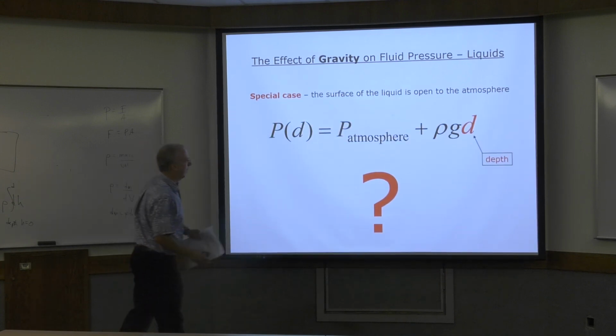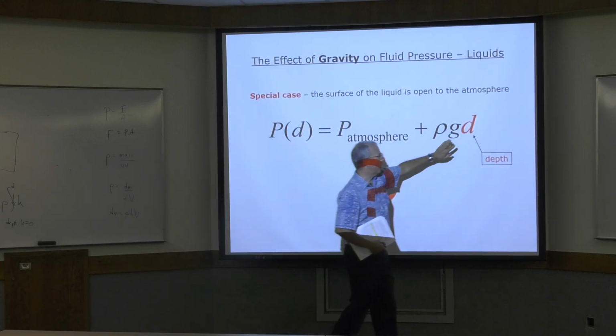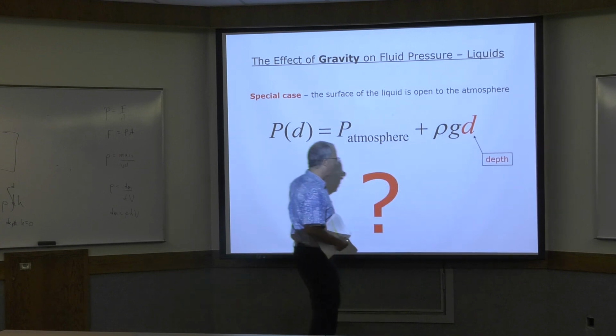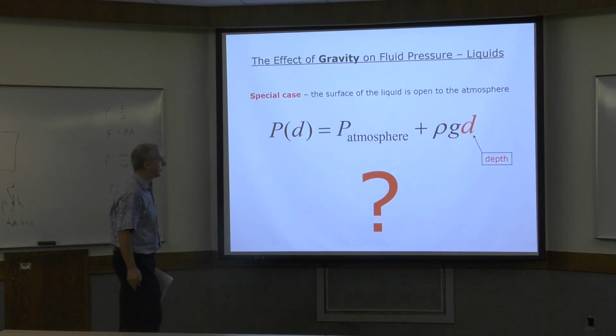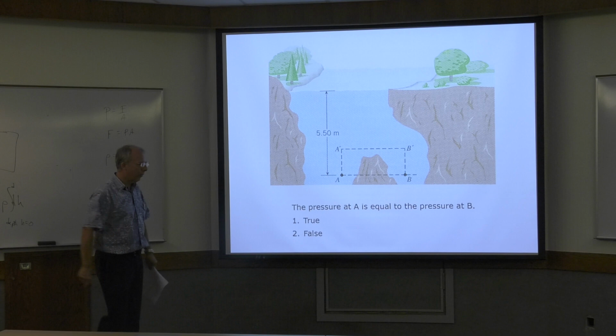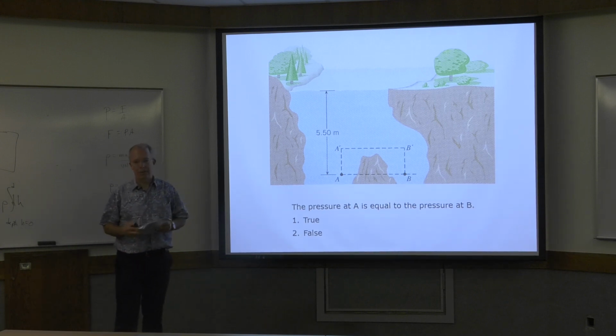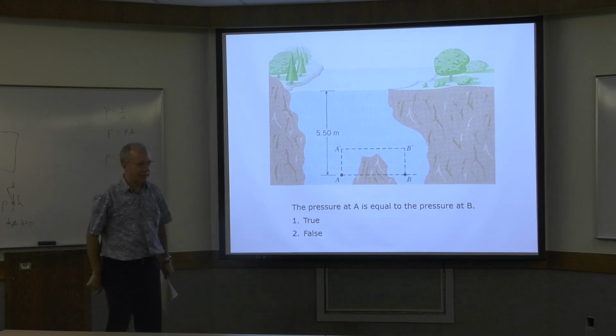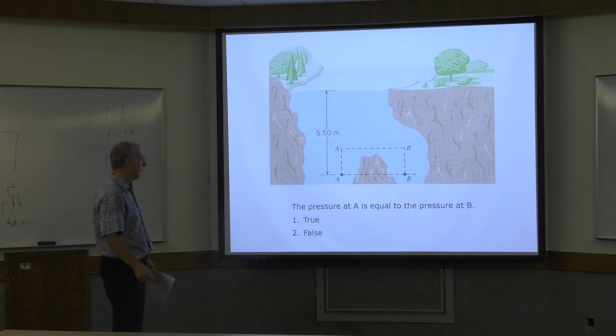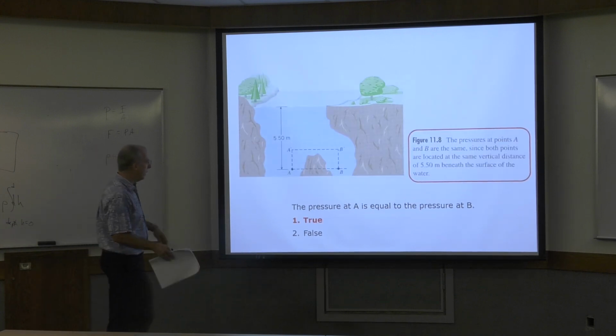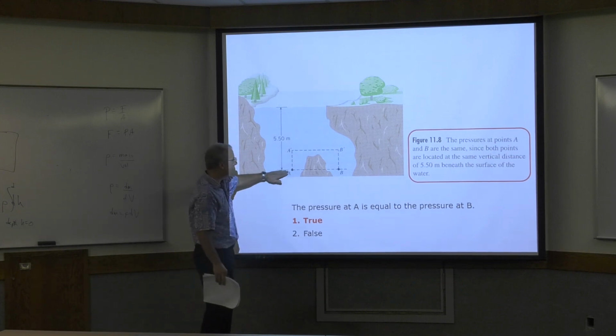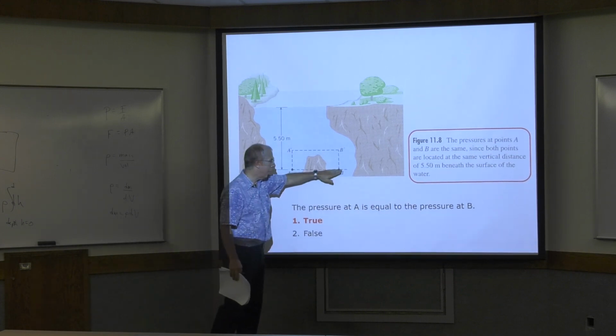Now, this depth can sometimes be confusing, so I want to go over that. So here's a question for you. Pause your video and choose an answer. All right. It's actually the pressure here is equal to the pressure here.